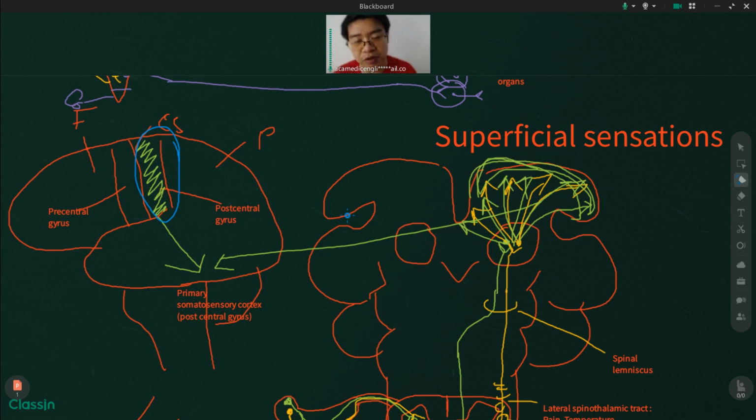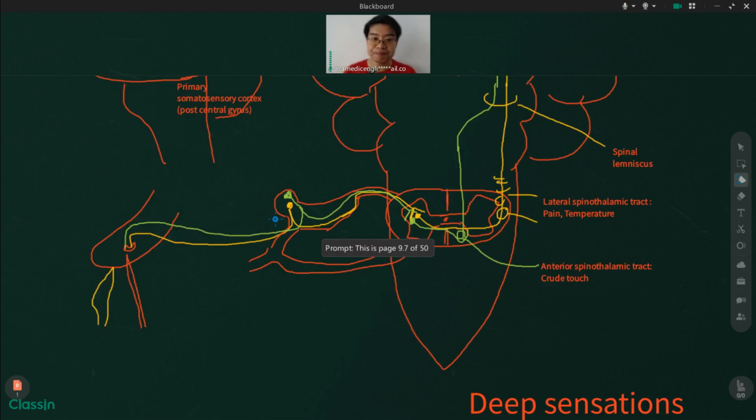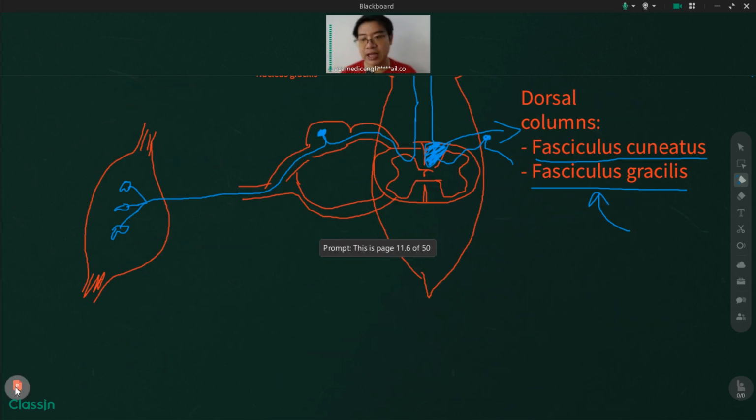But when you get to the level of the cerebral cortex, they will go to the same area, because this is the primary somatosensory cortex. Do you see a differentiation between deep somatosensory and superficial somatosensory here? No. They will go to the same area, the primary somatosensory cortex here. Very important that you understand that.